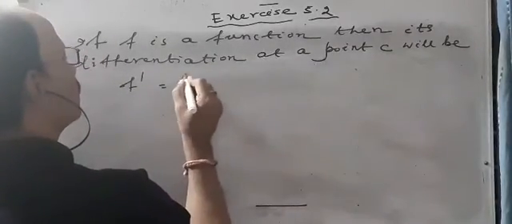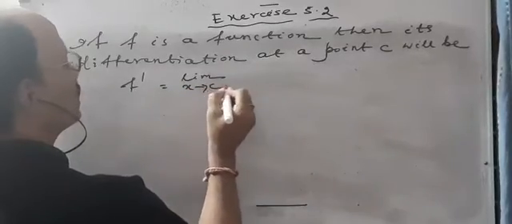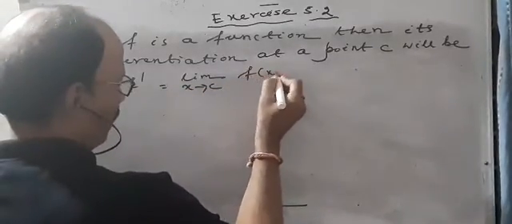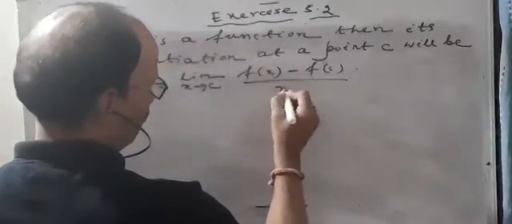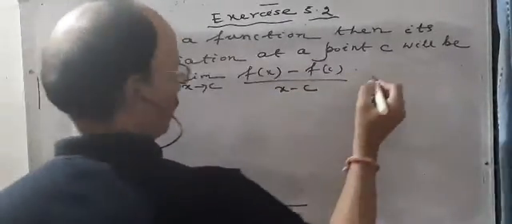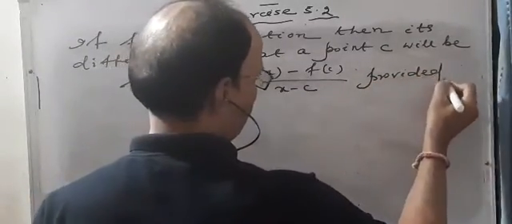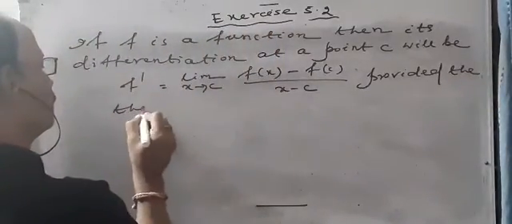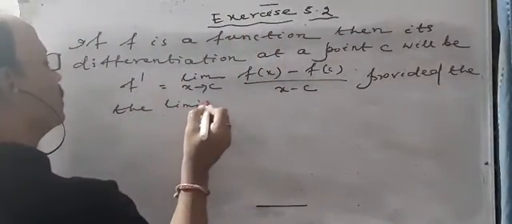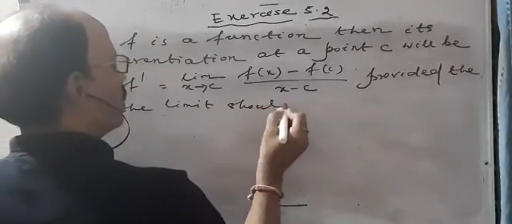F dash will be equal to limit x tends to c of (f(x) minus f(c)) upon (x minus c), provided the limit should exist.